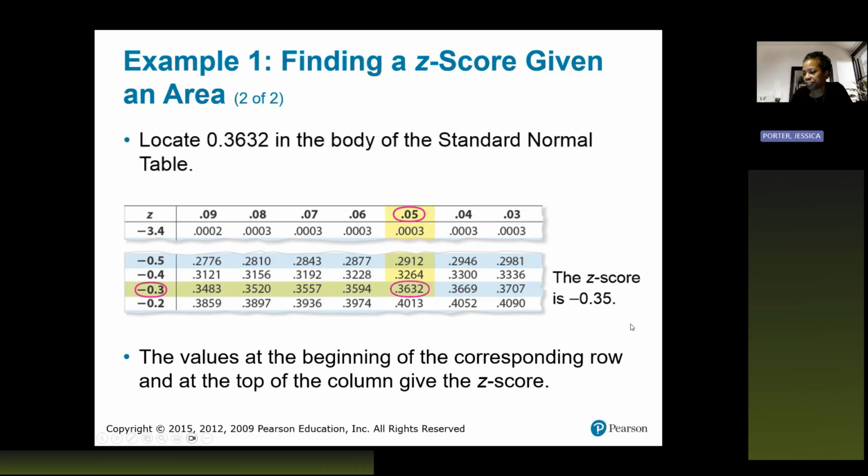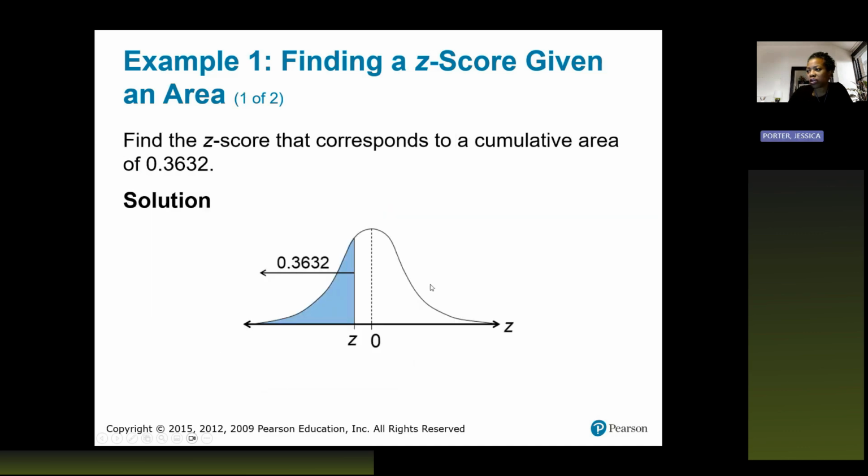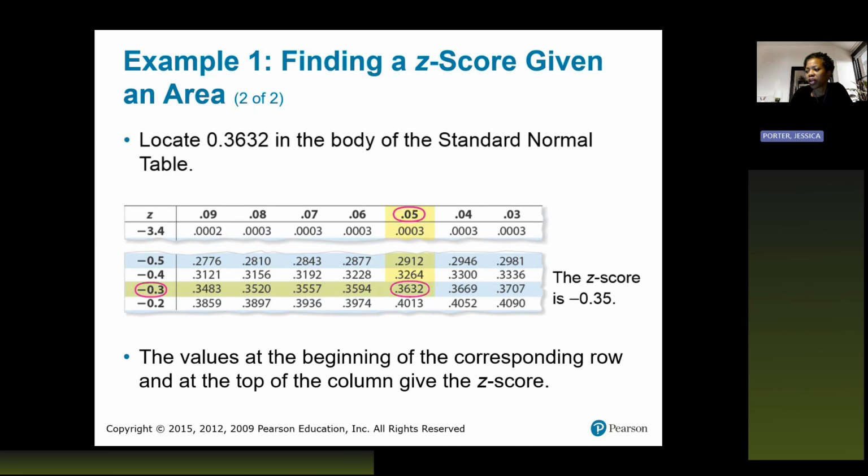Notice this time I'm not looking on the left and the top. I'm looking inside the table. So my area was 0.3632, and inside the table that corresponds to negative 0.35.